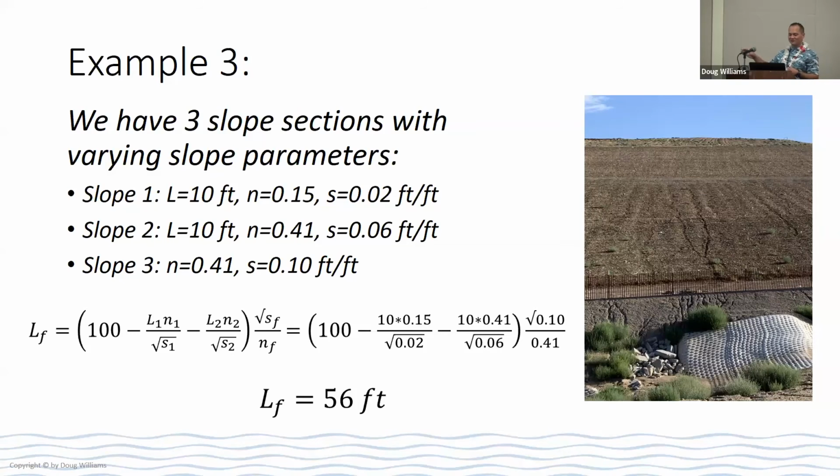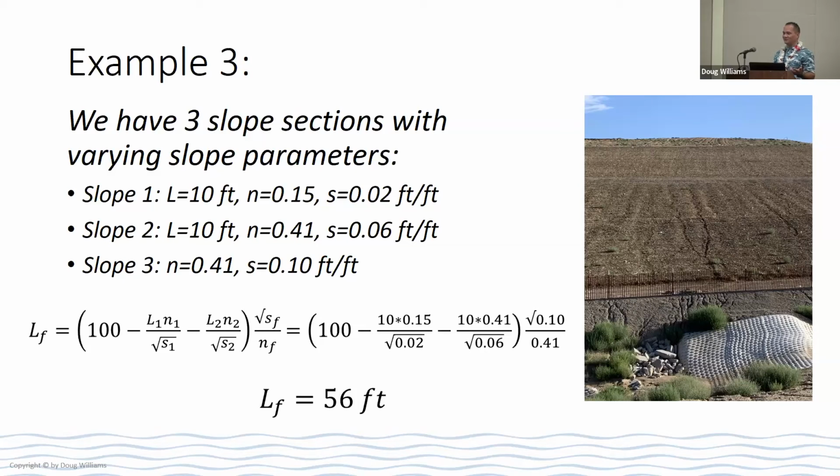If we take those values and plug them back into the equation, which is shown right there, we come up with a length for that final slope, and that's 56 feet. So in terms of design, when stabilizing a slope in DOT's right of way, and we have upland area that we have to account for, this is useful. It came out of practice for me because I needed a way to figure it out.